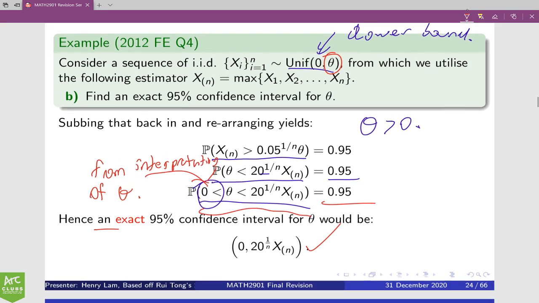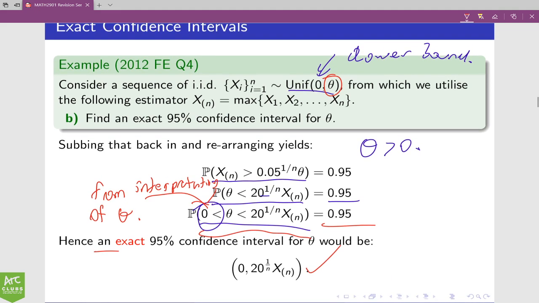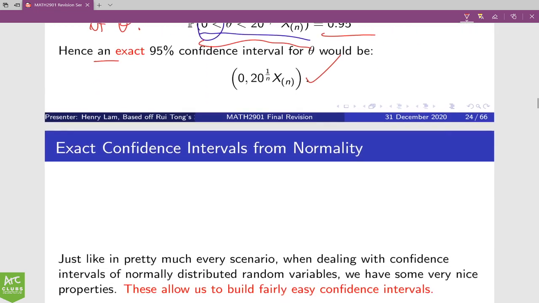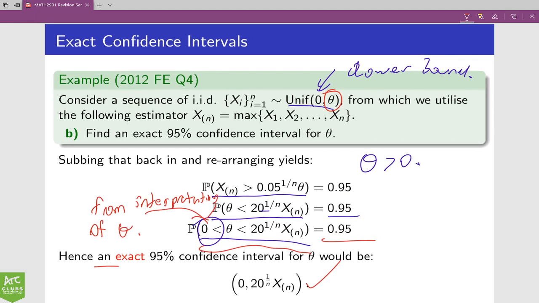So as you can see, it's highly dependent on the distribution. And so you need to use the information hinted to you within the question before, because it's broken into sub-questions, like in your assignment with the gamma. So exact confidence intervals in general may be annoying to deal with.